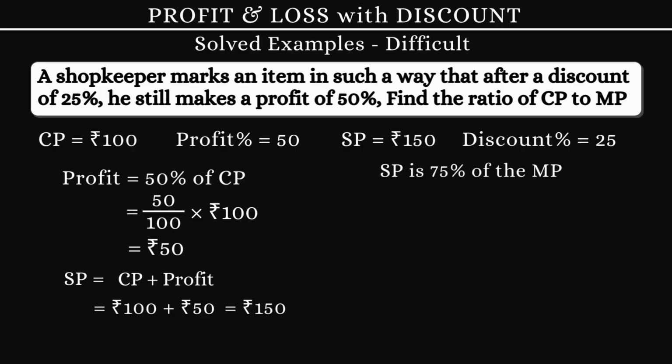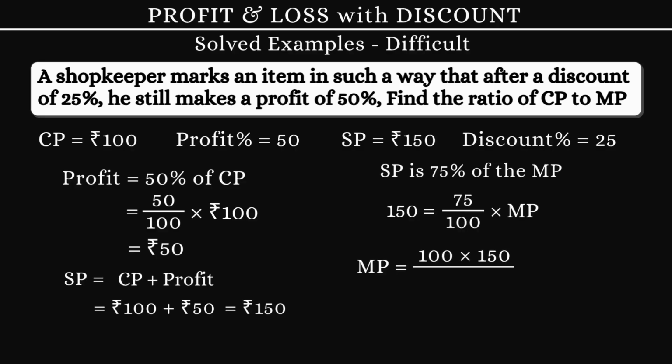So the selling price is equal to 75 by 100 into the marked price. We know that the selling price is 150. From here, we get marked price is equal to 100 into 150 divided by 75, which gives us 200 rupees.